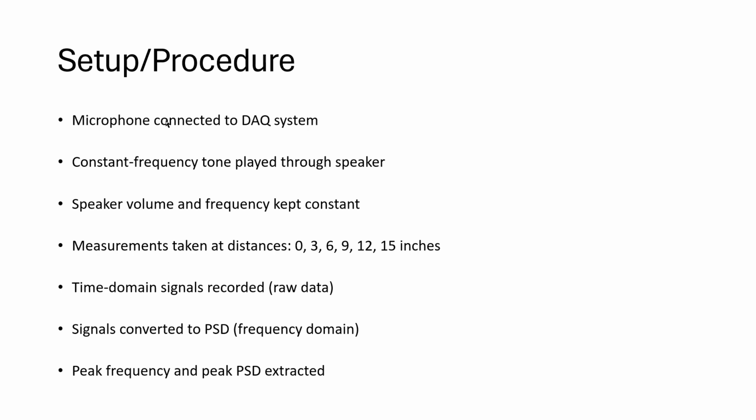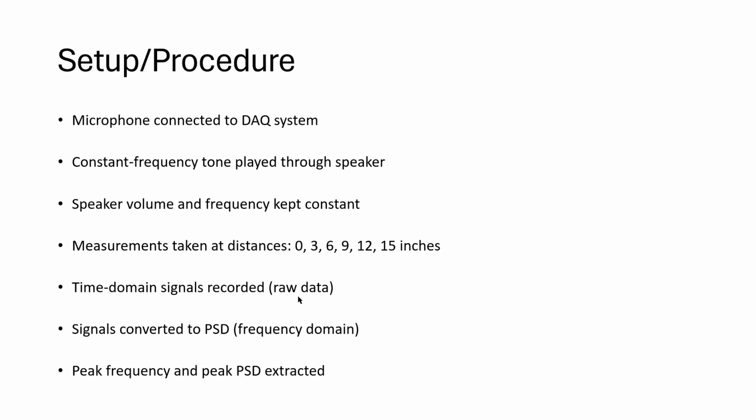For my experiment, this is the setup. I played a constant frequency tone through a speaker. I recorded that using a microphone that was connected to the DAC system, which gave me my graphs and data straight into my computer. I kept the speaker volume and the frequency constant to ensure those conditions were stable, and I took measurements at distances of 0, 3, 6, 9, 12, and 15 inches from the speaker of my laptop.